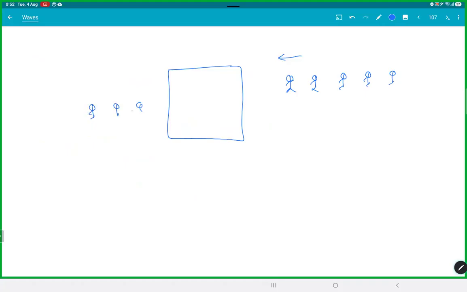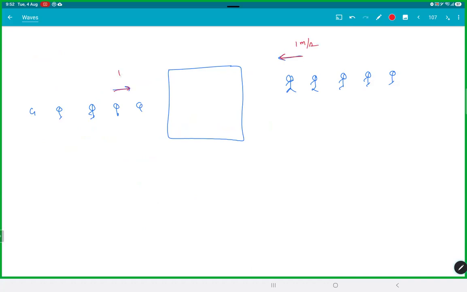I'll give a crude example. Think of it like this. Let's say we have a room, okay? We have a group of soldiers or people walking continuously like this. These people are walking from the left side, and there is another group of people walking from the other side. Let's say they're going with a speed of 1 meter per second.